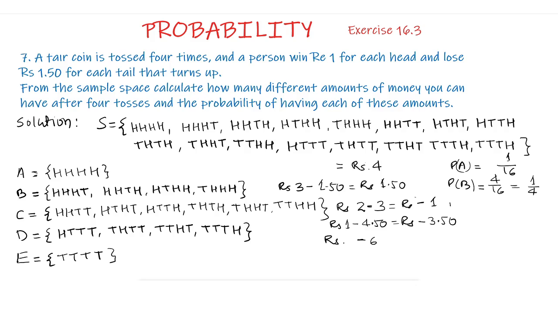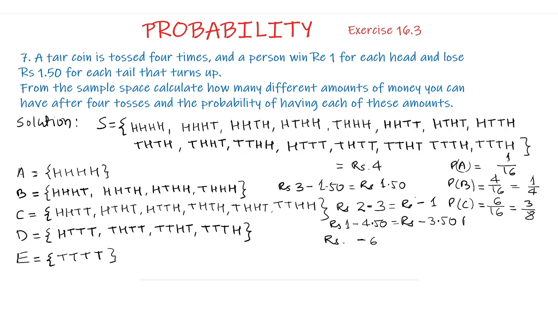Then probability of C, of loss of rupee 1, as the favorable outcomes are 6 in event C. So it is 6 upon 16, which comes out to be 3 upon 8 for loss of rupee 1.